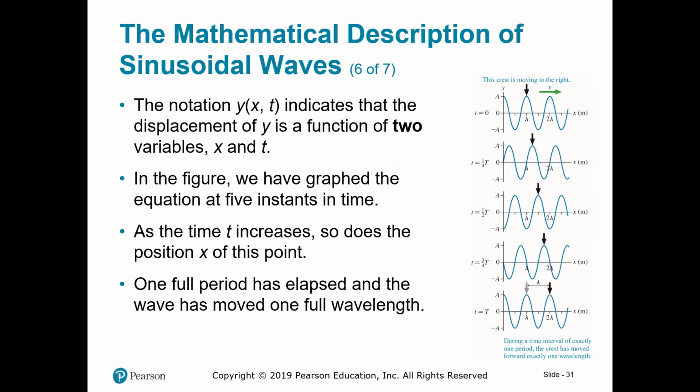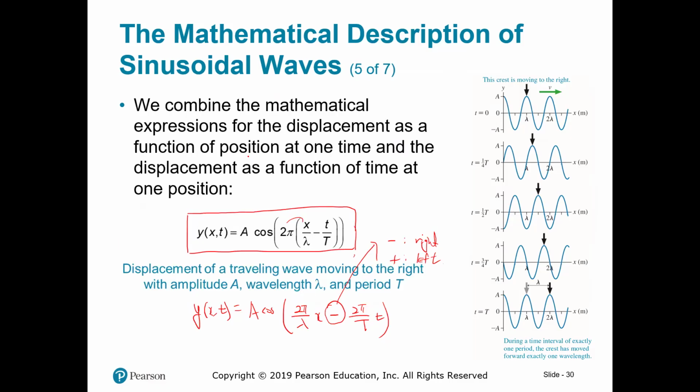Again, we have two variables, x and t. In general, in order to have this function, you need the amplitude A, lambda, the period T, and the direction of motion. If you know these four pieces of information, you can fully describe the wave function. It depends on x and t.